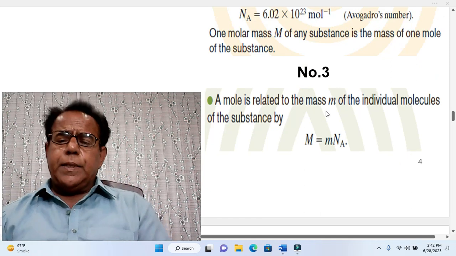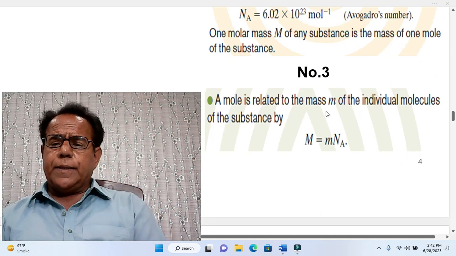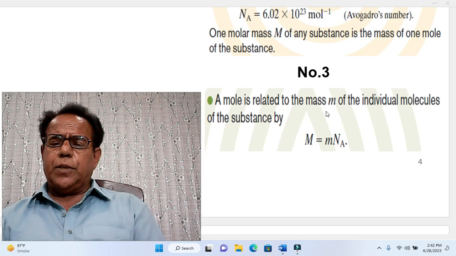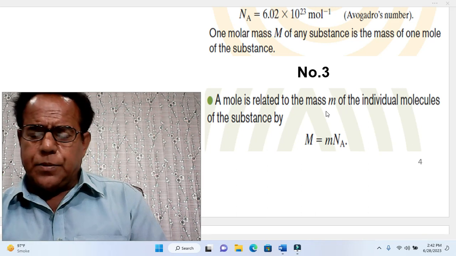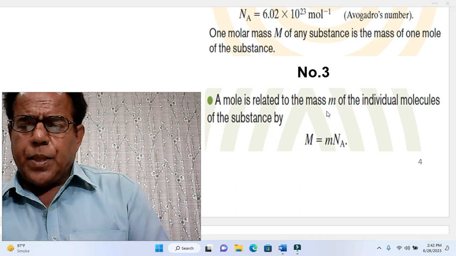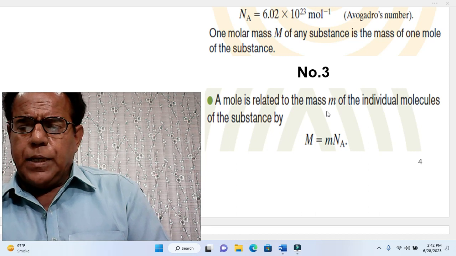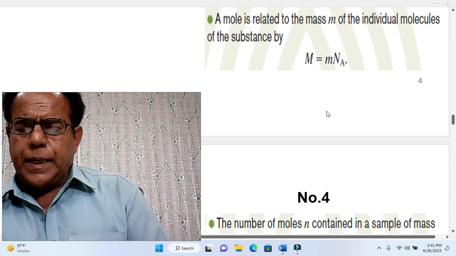Helping tool number 3: a mole is related to the mass m of individual molecules of the substance by capital M equals small m times Avogadro's number Na.